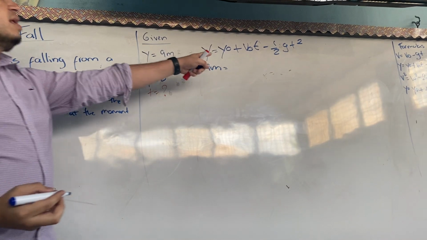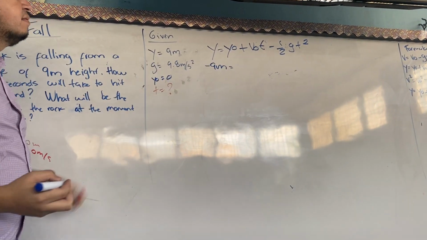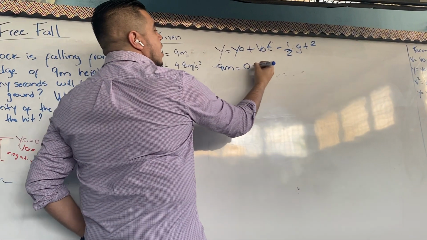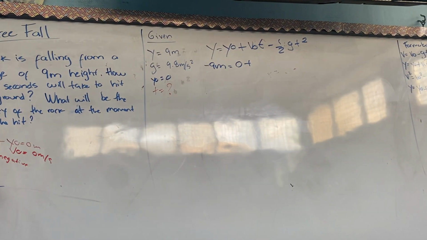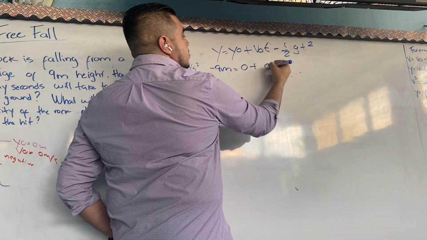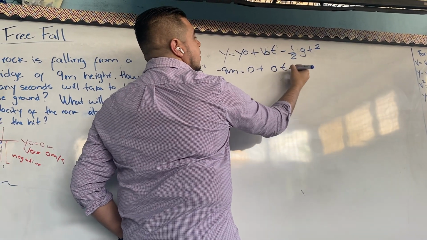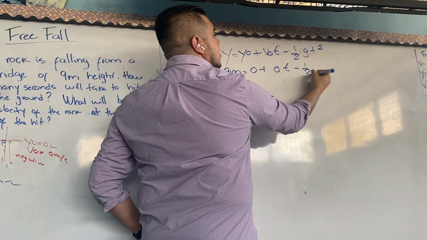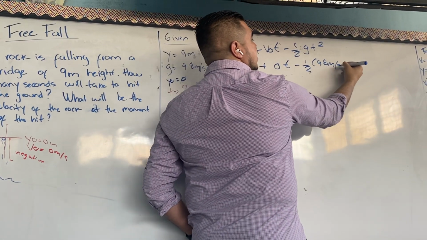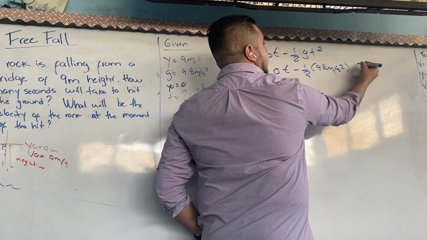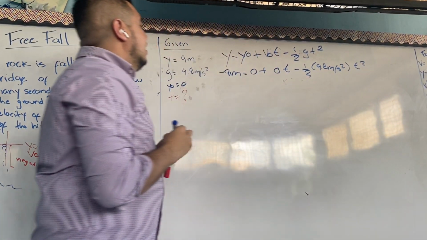We have the initial position in y, that is 0. We have the initial velocity, that will be 0 meters per second, right? This will be multiplied by the time minus 1/2 the value for the gravity, that is 9.8 meters per second squared, multiplied by the time squared, like this, right?